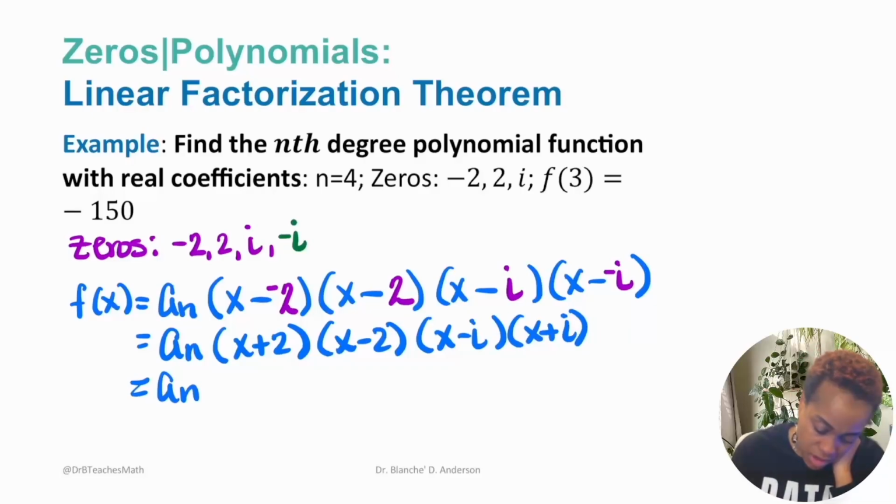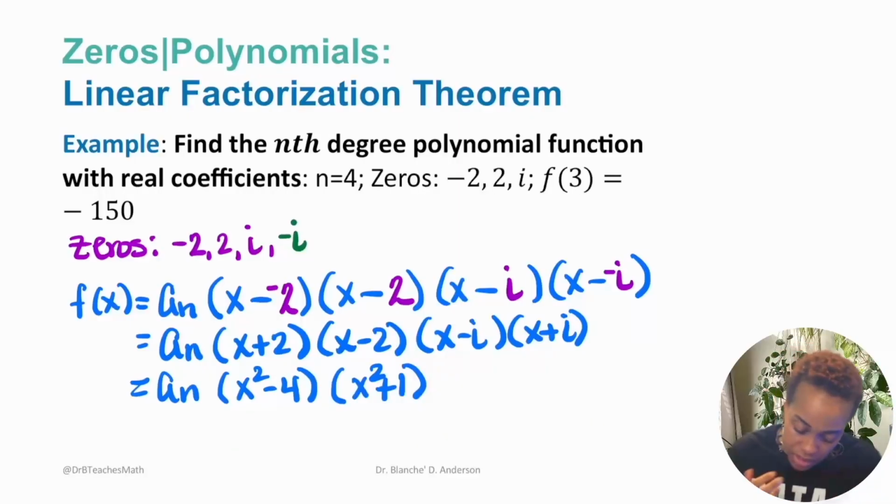This already is going to look like a difference of squares. So this is going to be x squared minus 4.